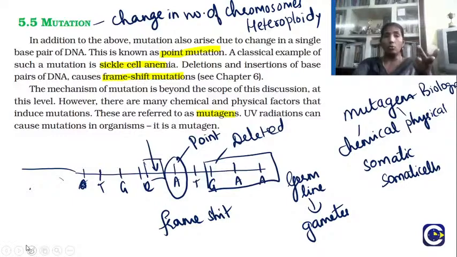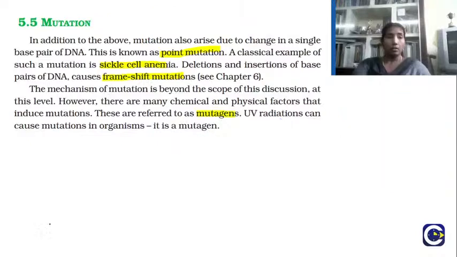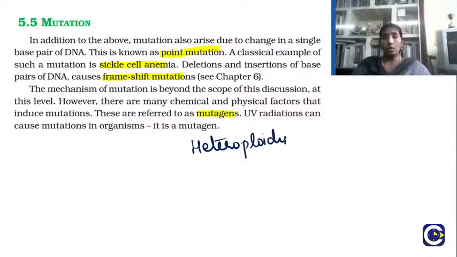So we saw the two types of mutation. If it is a gene mutation, it can be either frame shift or point. And if it is about number, I said heteroploidy. What is heteroploidy?